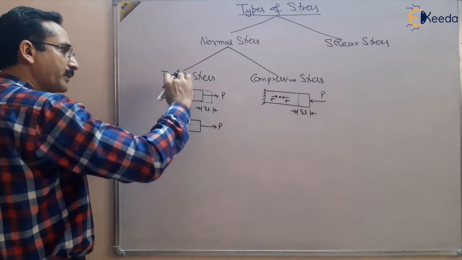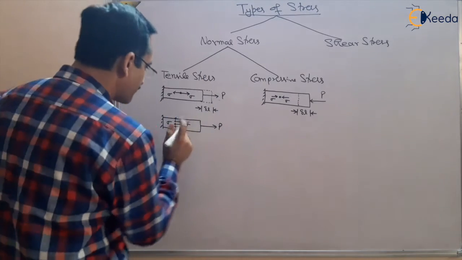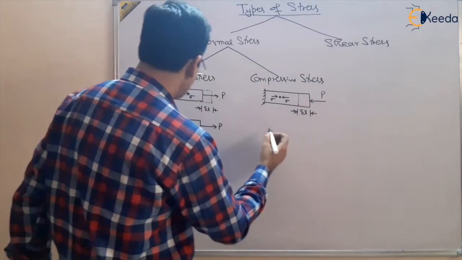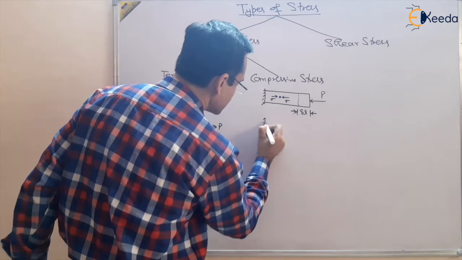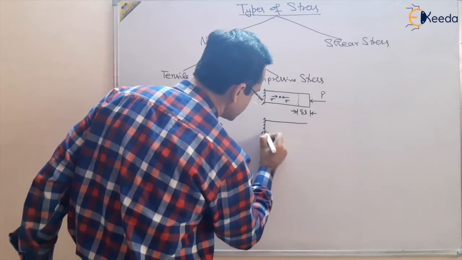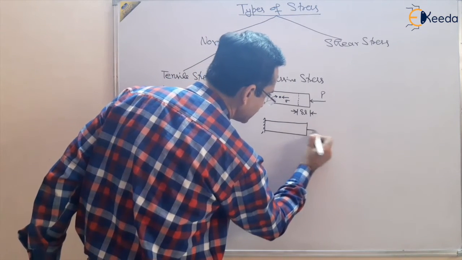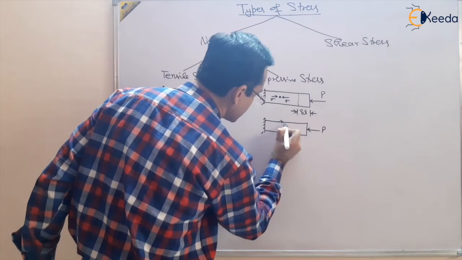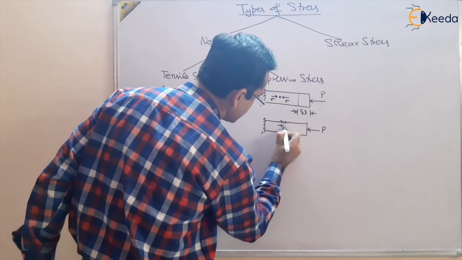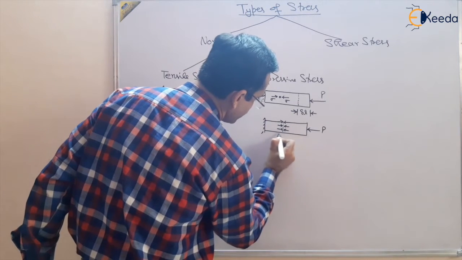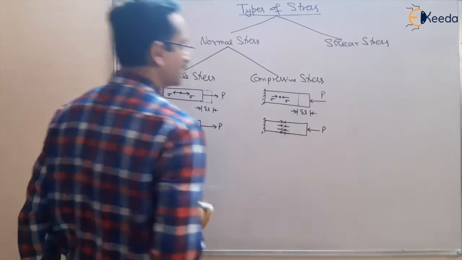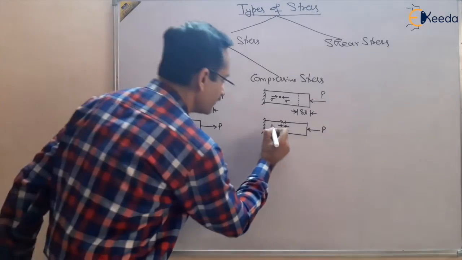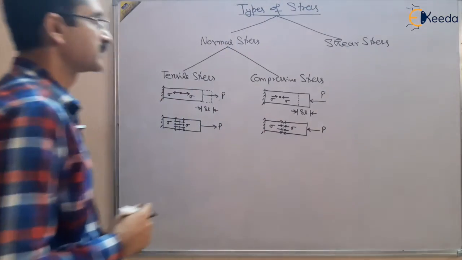Or you can show it on a given particle, because there are many particles. Similarly here, you can show the compressive stress on a given cross section area, on all the particles. So this is the tensile stress and this is the compressive stress, and this is the way of showing tensile and compressive stress.